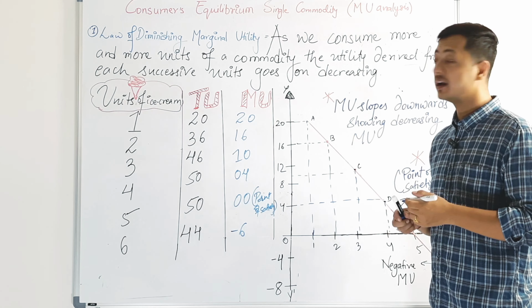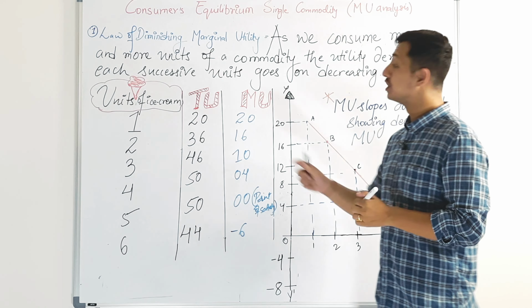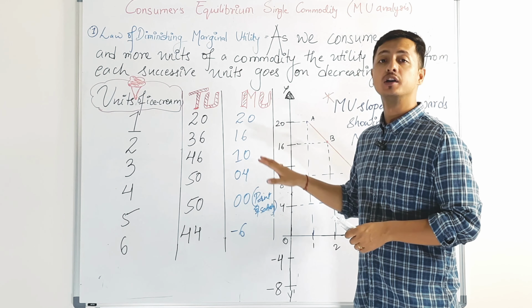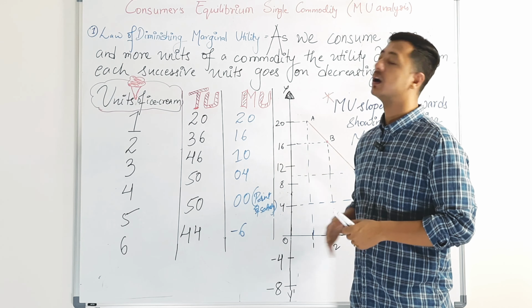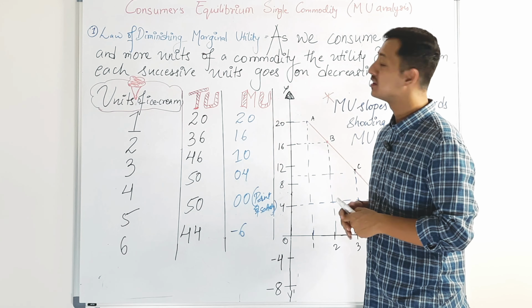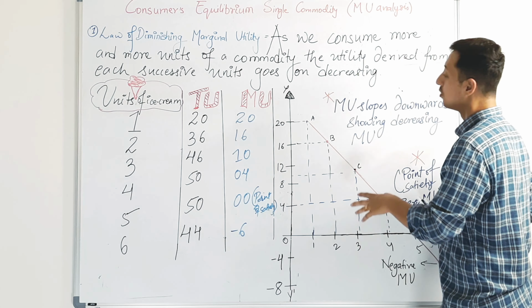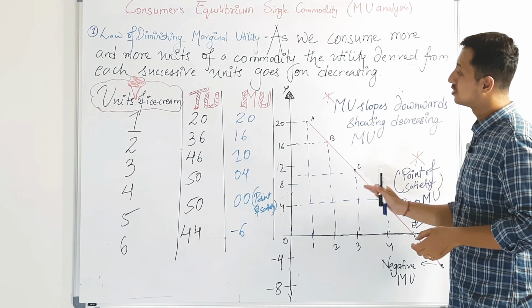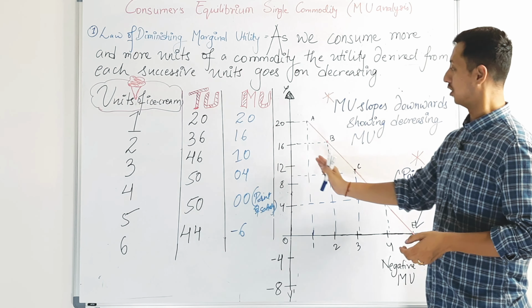Now, total utility is nothing but the aggregation of utility derived from each unit of commodity. We have already covered that in the last class. Now we will see the diagram in which the schedule is plotted.